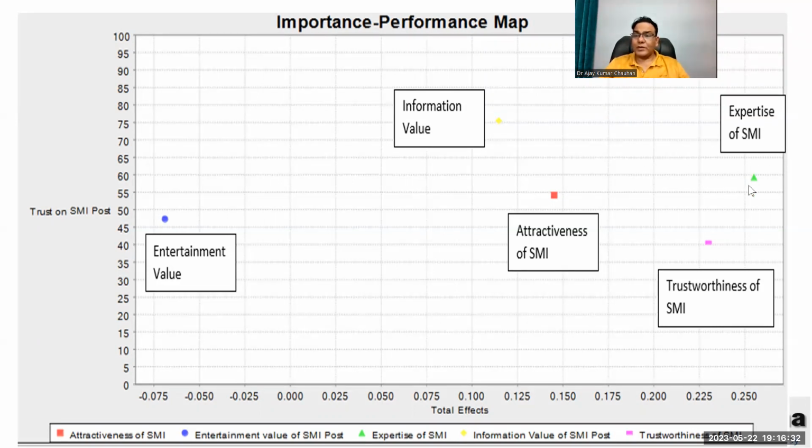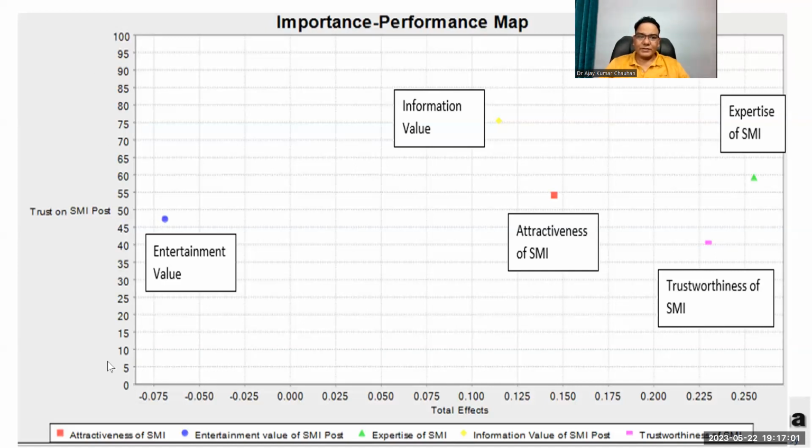Then expertise of SMI, they believe that most of the social media influencers are experts. So they have expertise on whatever they are posting. And the lowest value is trustworthiness. You can take it to the y-axis, and only 40% of the respondents agree that they are trustworthy.